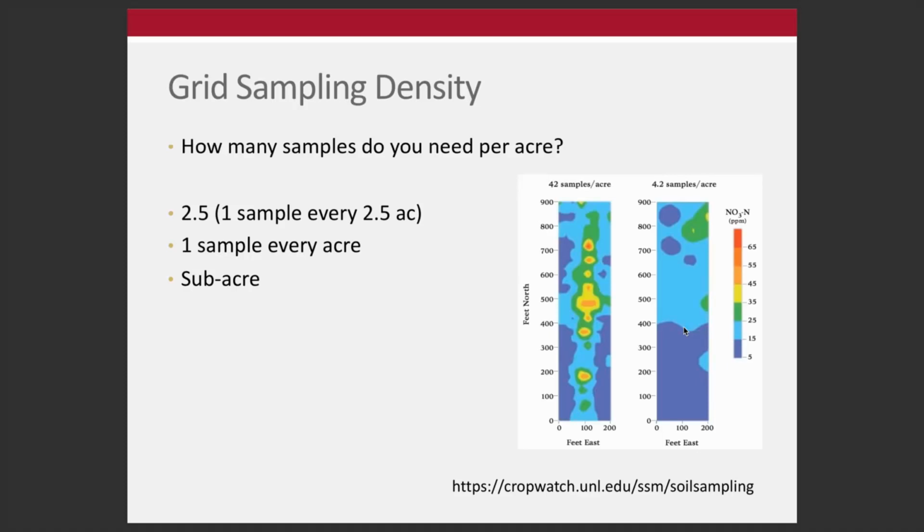Then they took and they increased that by a factor of 10. So instead of a quarter of an acre, instead of 0.25 acres, it's 0.025 acres now. And when you do that, you can see there's a lot more enrichment of information, okay? And so you're like, oh my goodness, well that's really important.